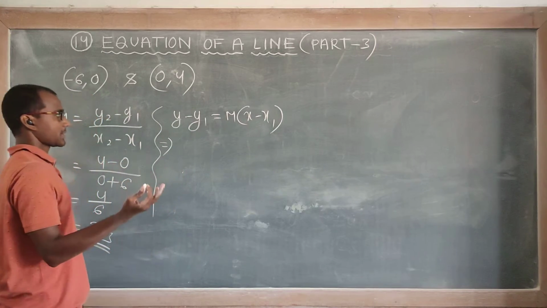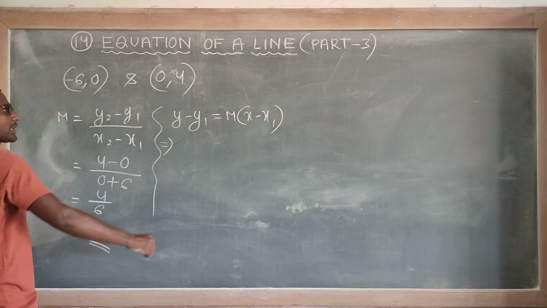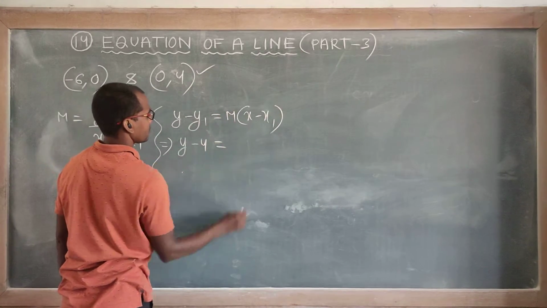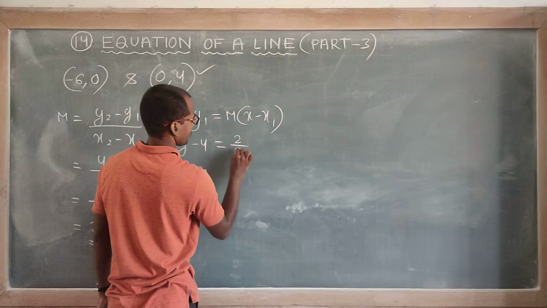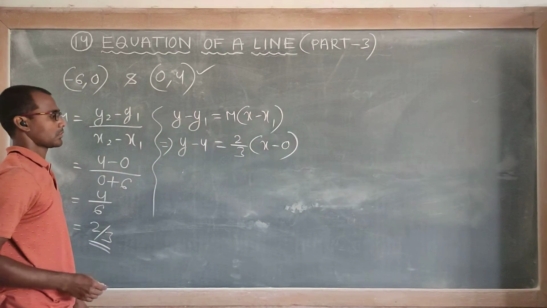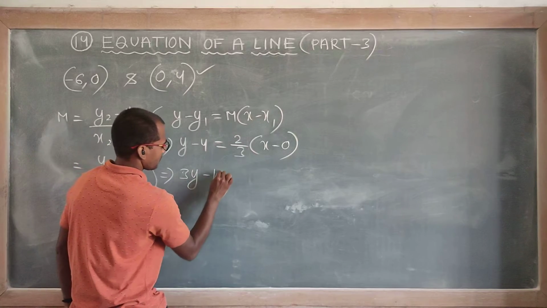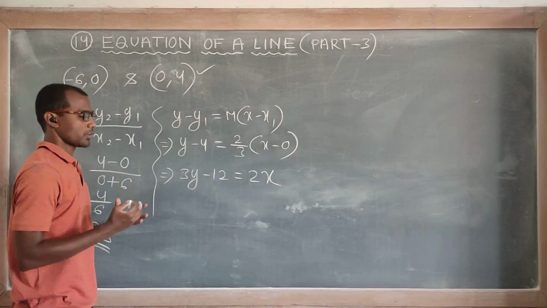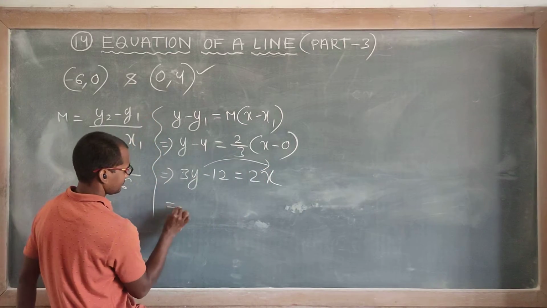I can take any point, this point or this point. Let me take this point. y minus 4. What is the slope m? 2 by 3, into x minus 0. Bring 3 to the left: 3y minus 12 is equal to 2x. Now if you want to bring it to the standard form, take everything to the right.